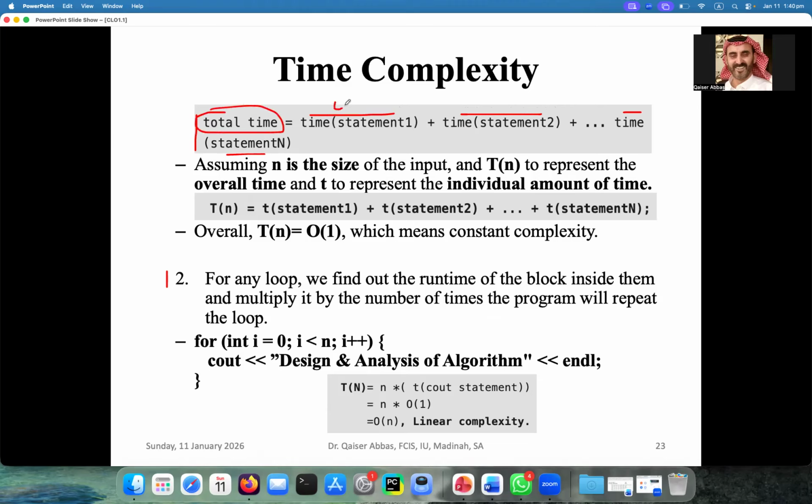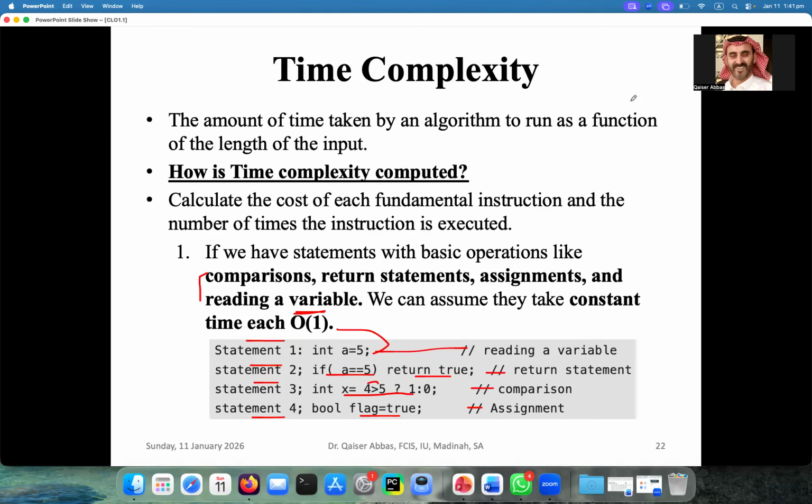If it is order of 1 for statement 1 and order of 1 for statement 2 and so on, for 3 and 4, then it would be maximum 4. For this previous example, it is order of 1 plus order of 1 plus order of 1 plus order of 1, or you can simply write 1 plus 1 plus 1 plus 1.